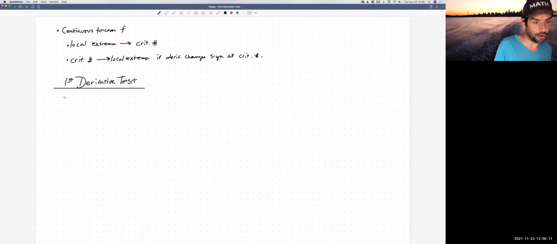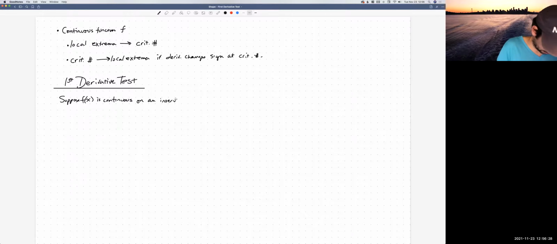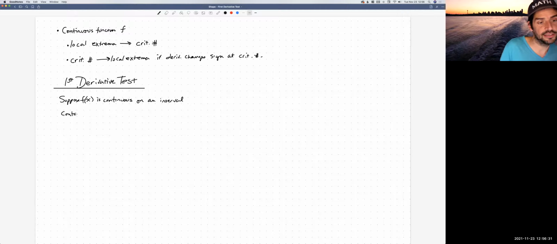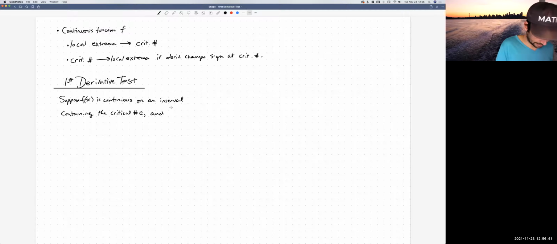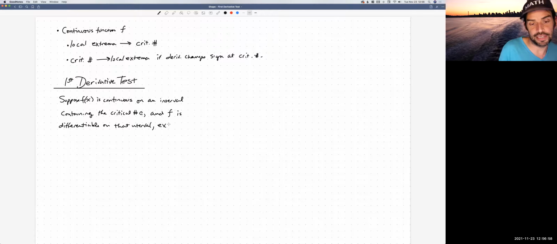Okay. So suppose f of x is continuous on an interval containing the critical number c, and f is differentiable on that interval, except possibly at c.